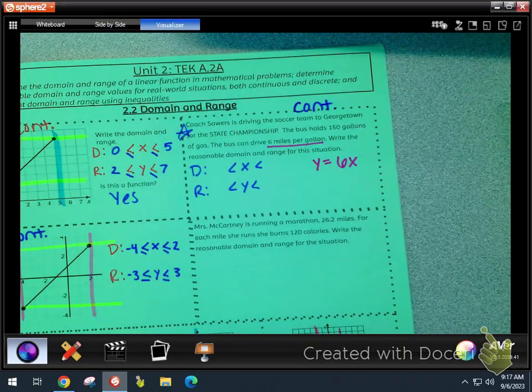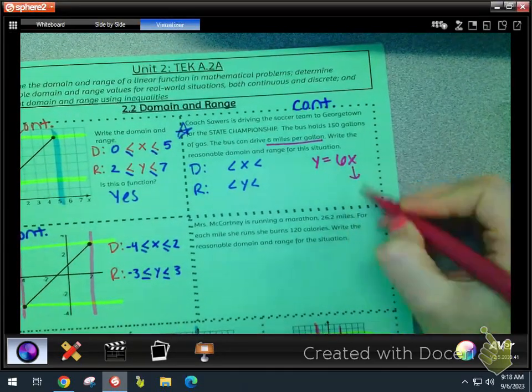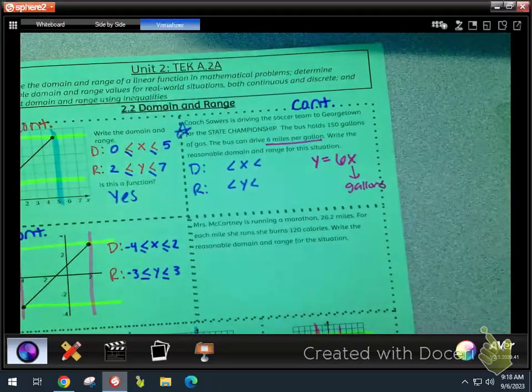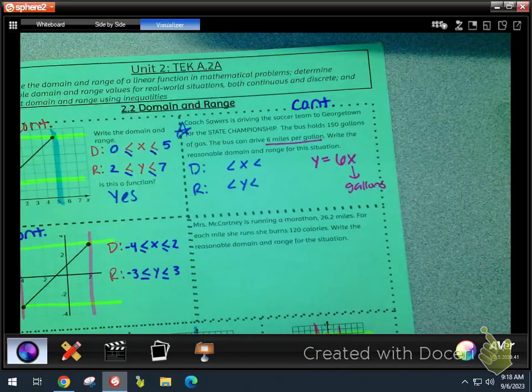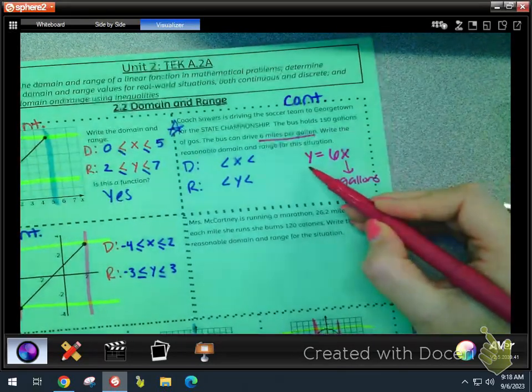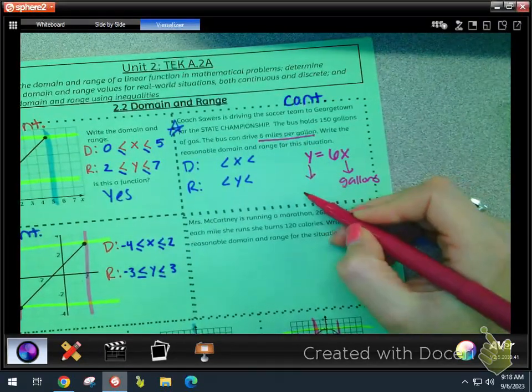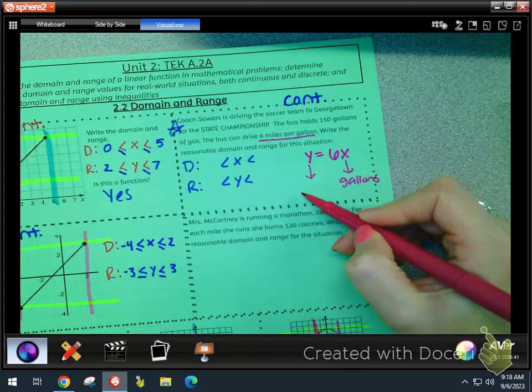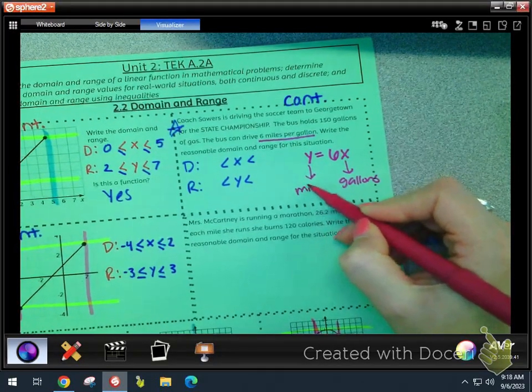So what does x represent? Per gallon. 6 miles per gallon. Well, that's a 6, but x represents the gallons. Okay? And y is going to represent the miles.